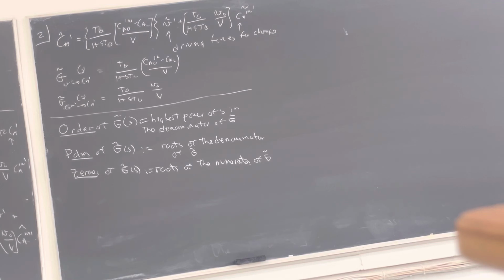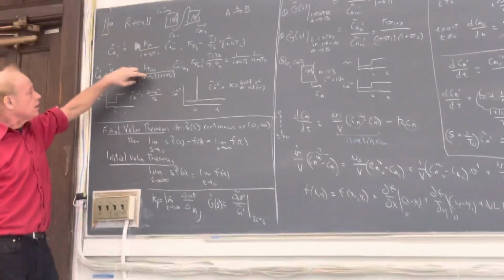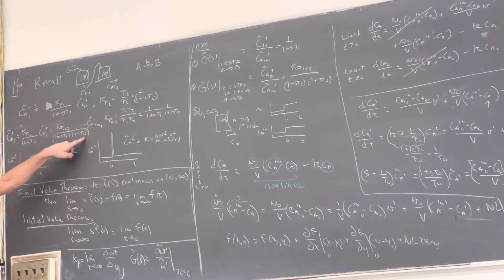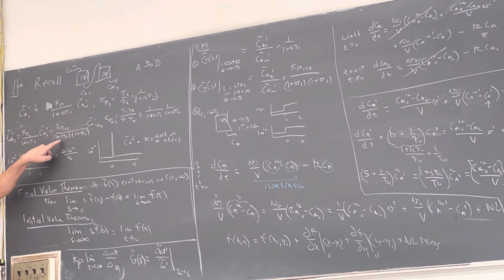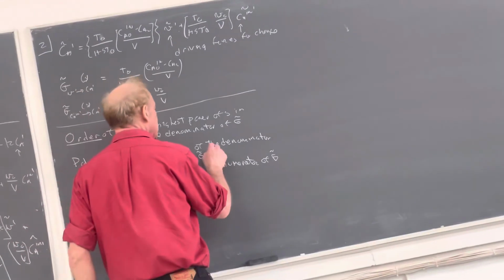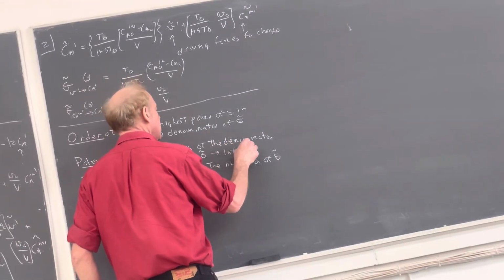So obviously the sign of big T1 makes a difference. Notice that's the root of this denominator, the poles of the denominator here. The poles are the zeros of the denominator. Here a zero is minus 1 over T1, and another one is minus 1 over T2. Those are the values of S that make the denominator 0. So we see that the poles of G give me information about stability.